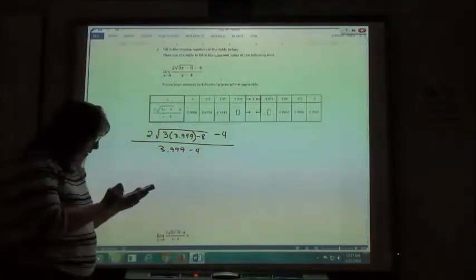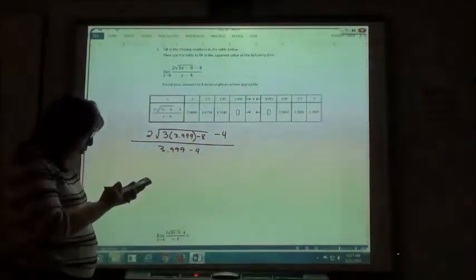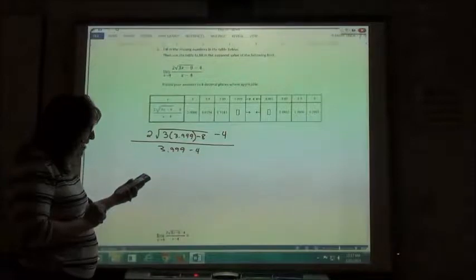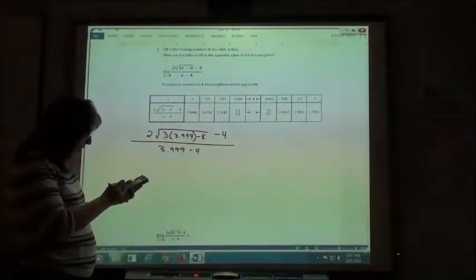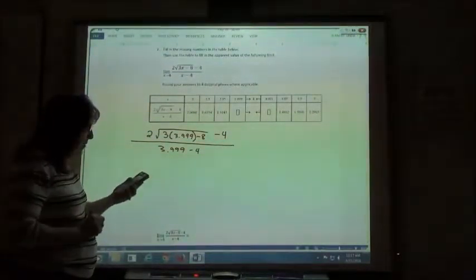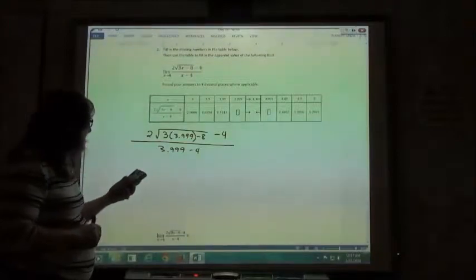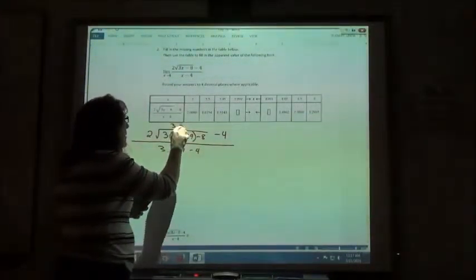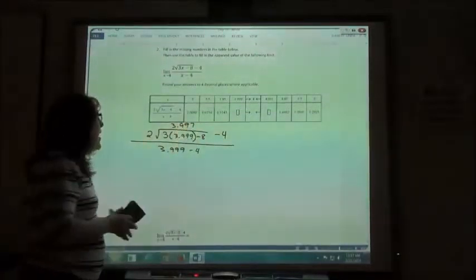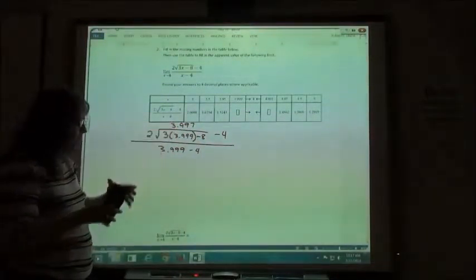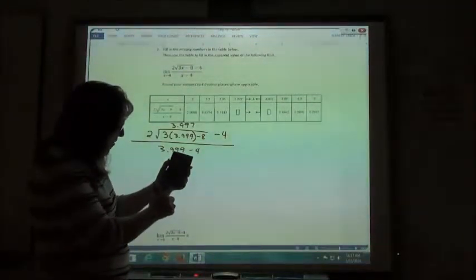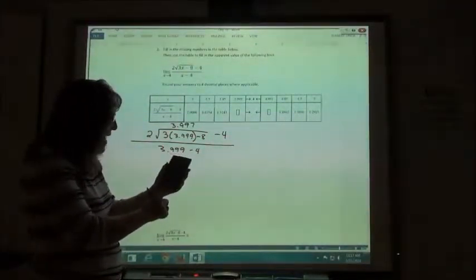Otherwise I've got to have a bunch of parentheses in there. So I'm going to start 3 times 3.999 gives me 11.997. I'm going to minus my 8, gives me 3.997. So under the square root I have 3.997. I'm then going to take the square root of that number. I could retype it in, but you have a button on the very bottom next to the equal that says ANS.